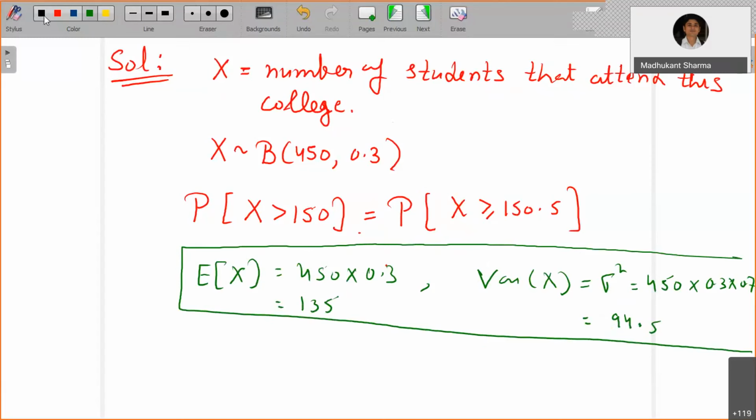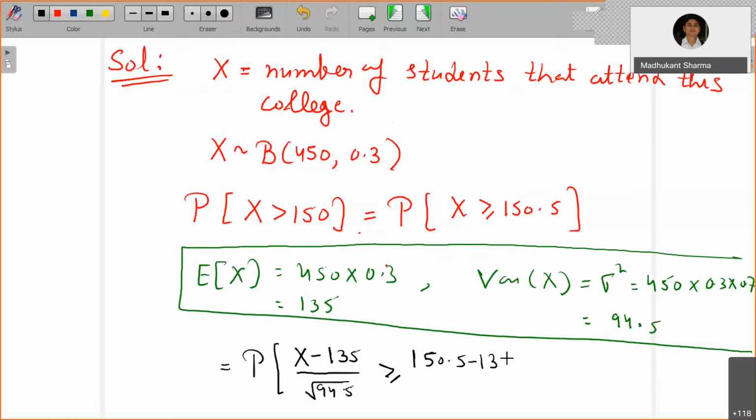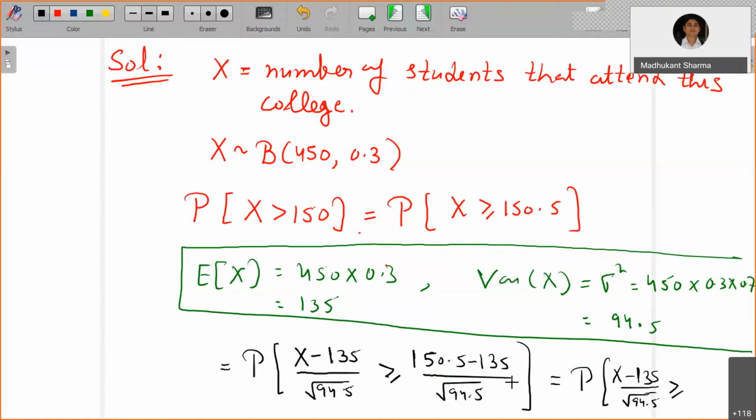This is equal to the probability of (X minus mu, that is 135) divided by the standard deviation, the square root of 94.5, greater than or equal to (150.5 minus 135) divided by the square root of 94.5. 150.5 minus 135 is 15.5, and if you divide by the square root, let me use the calculator, it comes to 1.5945.